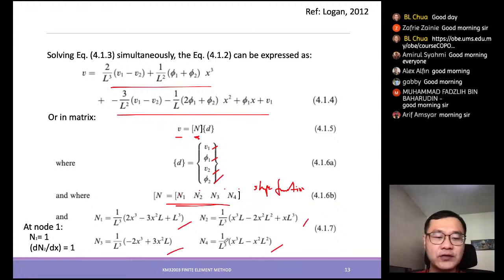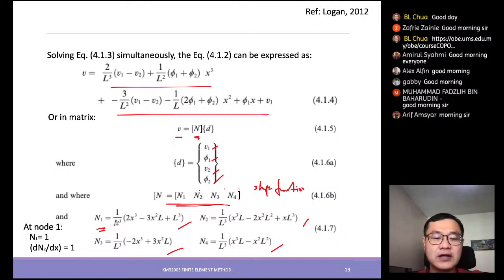If we take into consideration that the summation of shape functions at any given node should be equal to 1, then let's say we take node number 1, which is at the beginning, so the length x should be equal to 0.